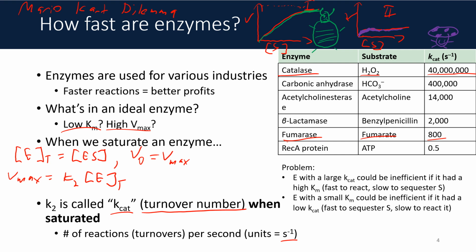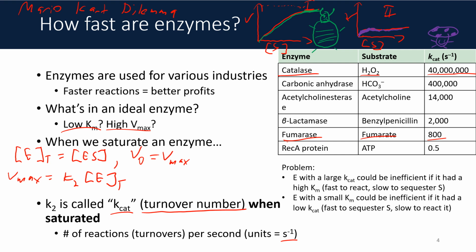Kcat on its own is not useful for comparing enzyme efficiencies because it suffers the same problems with Km and Vmax. We are assuming that this enzyme is operating at ideal saturated conditions.